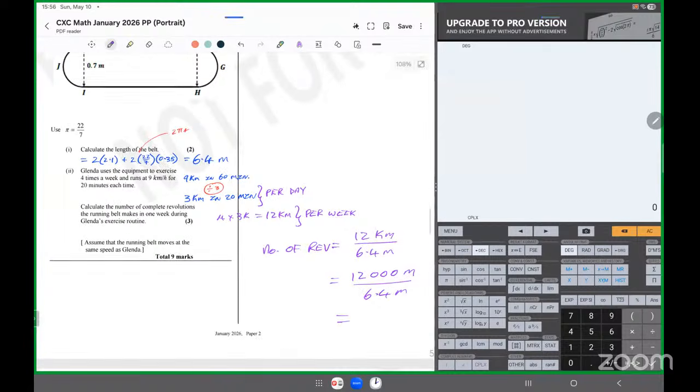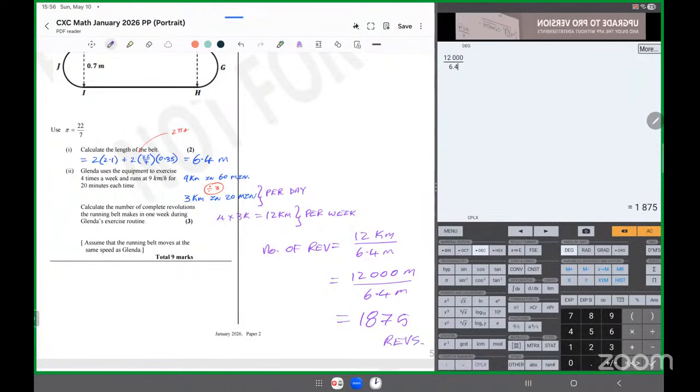So she does 1875 revs. Do you understand?